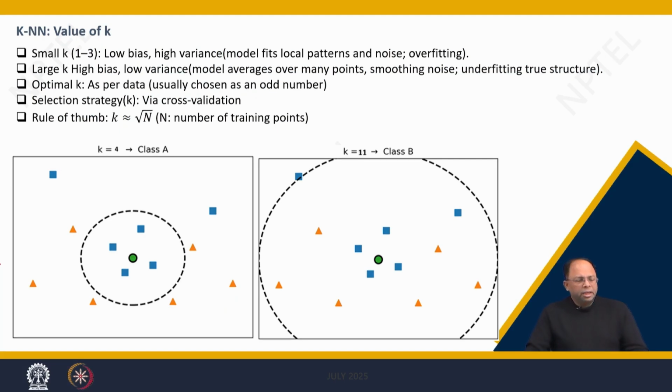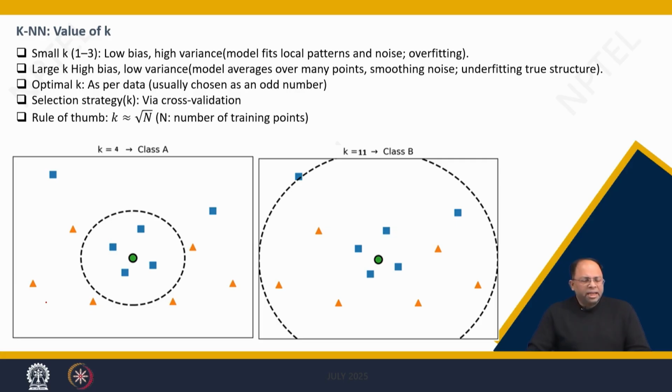Now looking at the image, in the first case where k equal to 4, we are considering only 4 nearest neighbors, and we say that there are two classes. One is of course the blue rectangles, which is class A, and then there are the saffron triangles, which is class B. Now the point that we are trying to classify is the point given in green.